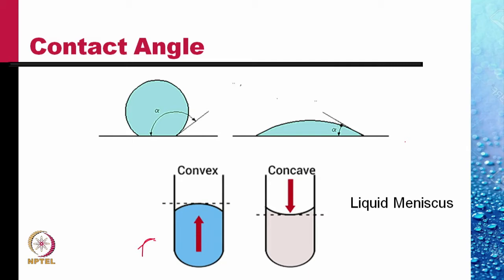Water in a glass tube forms a concave meniscus. Mercury in a glass tube forms a convex meniscus. The meniscus of mercury in glass would be much more pronounced than that, and the contact angle would be almost 180 degrees there. If it is water, the contact angle here would be 0 degrees. So the meniscus would be much sharper.